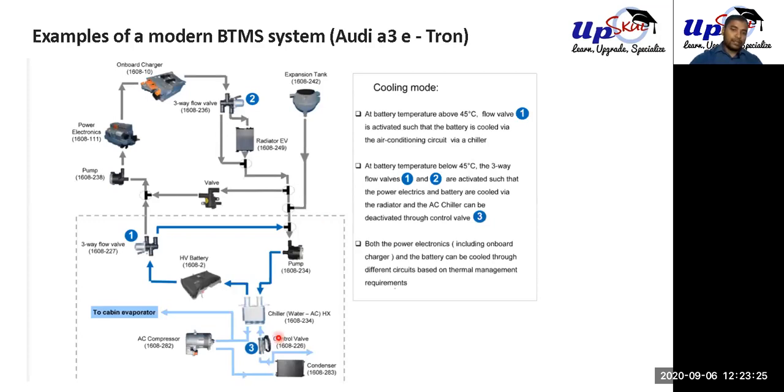Note that this one also has a chiller, so it also has an AC circuit and a coolant circuit. When the demand is high, when the battery is under lots of stress, generating lots of heat, in those cases we can use the chiller or the AC.